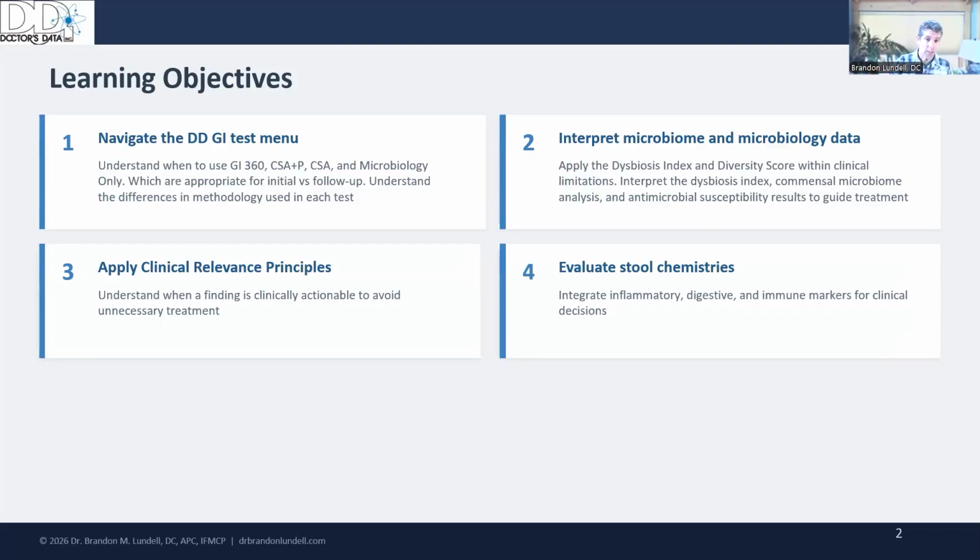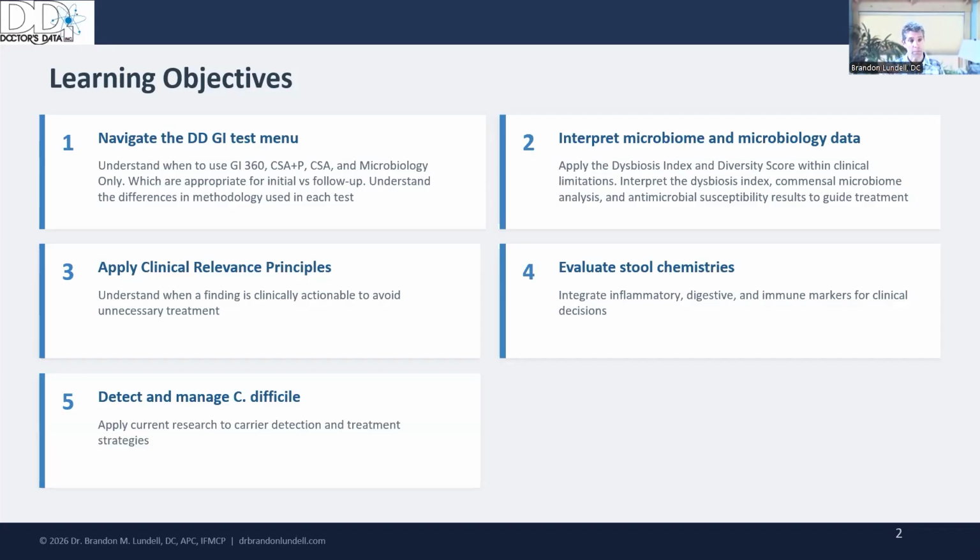Stool chemistries is one of the unique things that Doctor's Data offers that most GI tests don't. It gives you a lot of information about how the GI system is functioning in that patient. I'll also throw in a couple of snippets about C. diff, because we're seeing a lot more C. diff, at least I am in my practice, and a lot of them are just carriers.